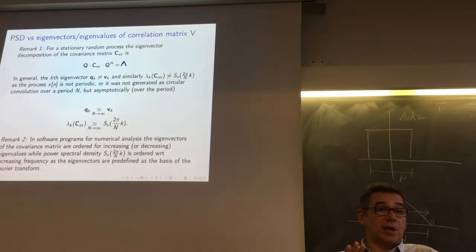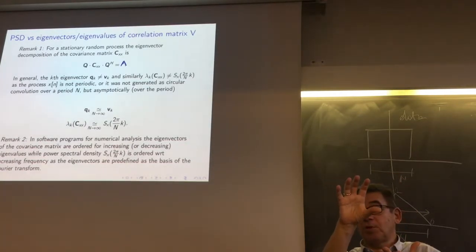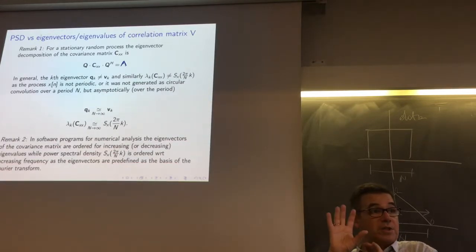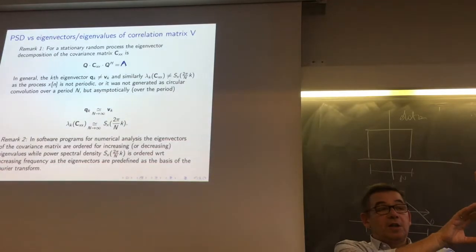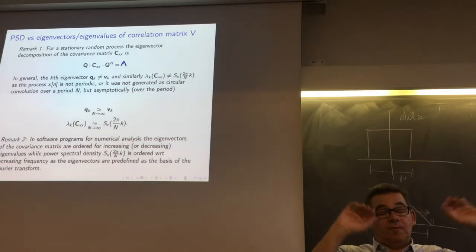Since it is stationary, the covariance computed on one block is the same as the covariance computed on a block shifted by an arbitrary number of samples. So I have a block of data, I compute the covariance matrix here, and if I compute it here, it's the same.